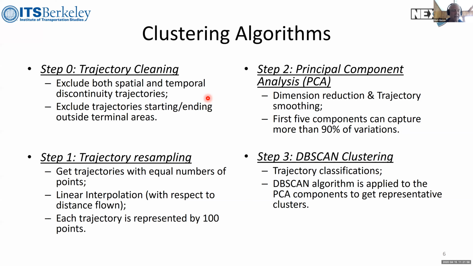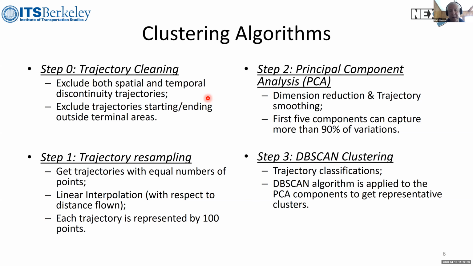The next step: 100 points is still a lot to work with, and there's a lot of correlation between those points. So we do a dimension reduction step, and we perform a principal component analysis on the 100 variables that represent the trajectories after step one. And what we find typically is we can capture about 90% of the variation with about 5 components.